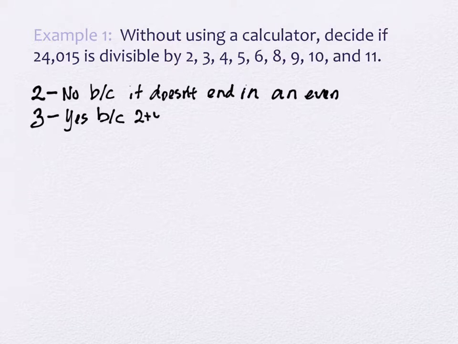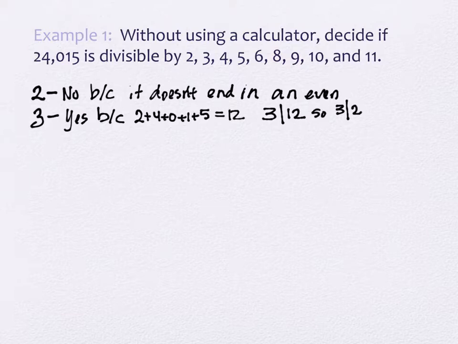We have 2 plus 4 plus 0 plus 1 plus 5, and you said that's 12. Is that right? Yes. So the sum is 12. And to get us familiar with the notation, 3 divides 12. So 3 divides 24,015. Does that make sense? Cool.